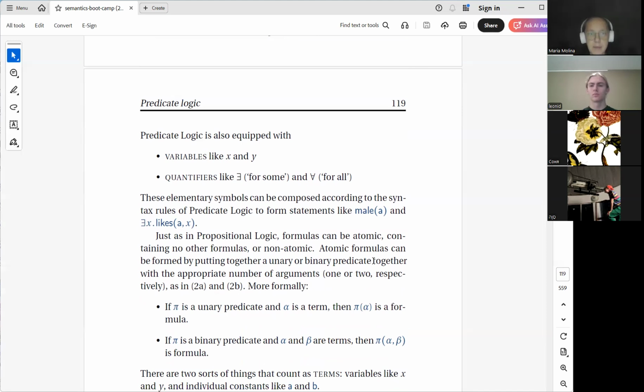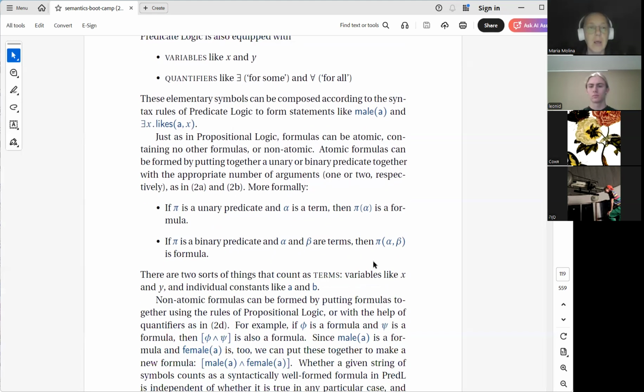And in predicate logic, we compose those symbols to express statements, to form statements. And same as in propositional logic, formulas can be very simple, atomic, or they can contain other formulas.